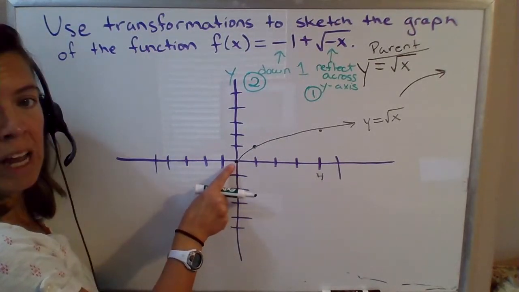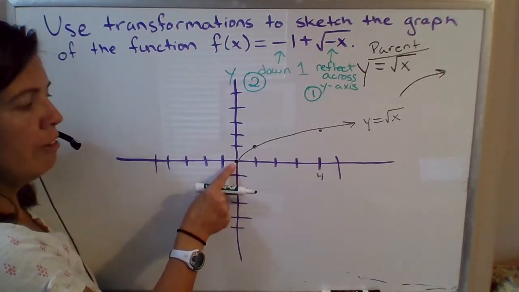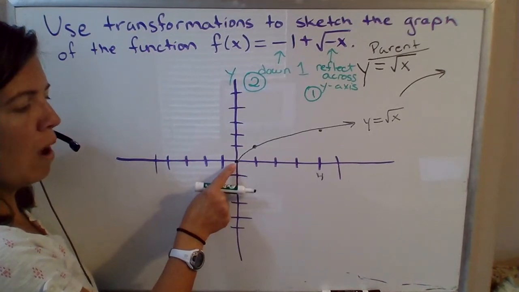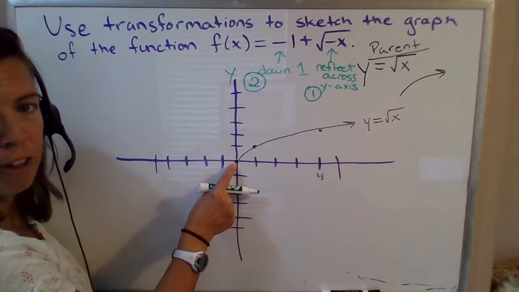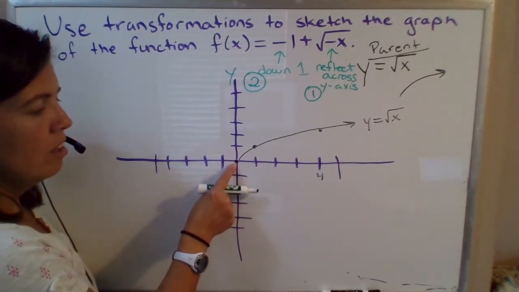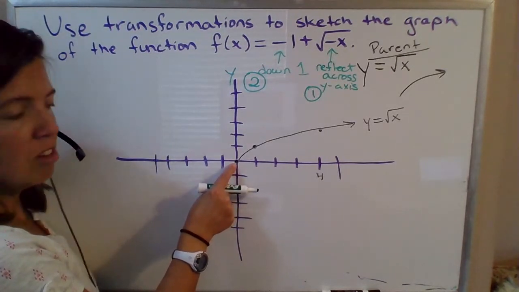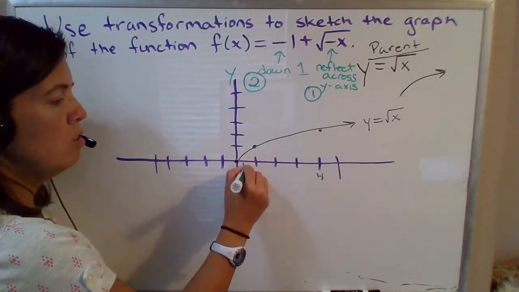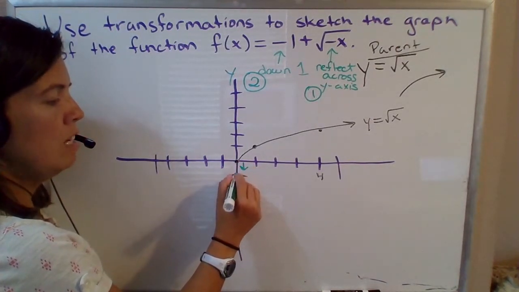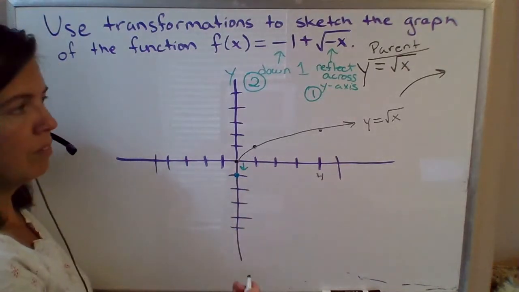Take this point at 0, 0. If I reflect it across the y-axis, when it's sitting right on top of the y-axis, that's not going to reflect anywhere. So the reflection doesn't do anything to this particular point, but then you would shift it down 1 unit so it lands right here at 0, -1.